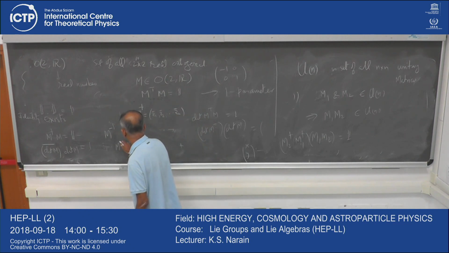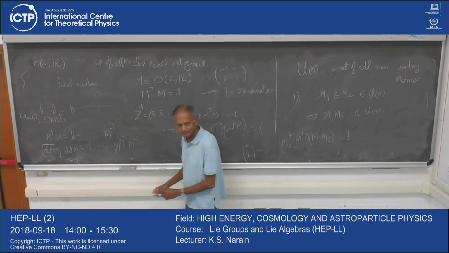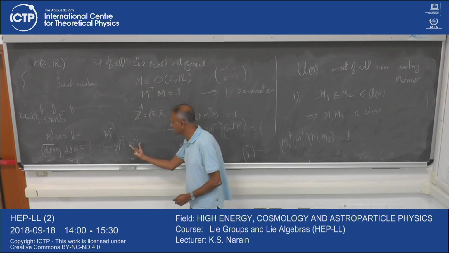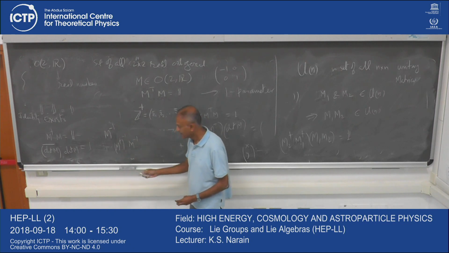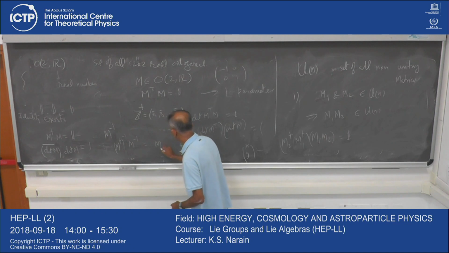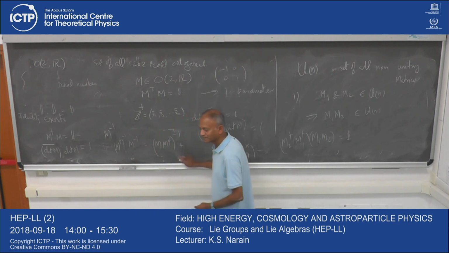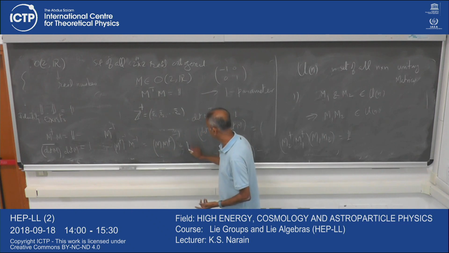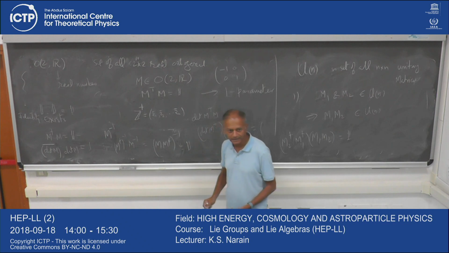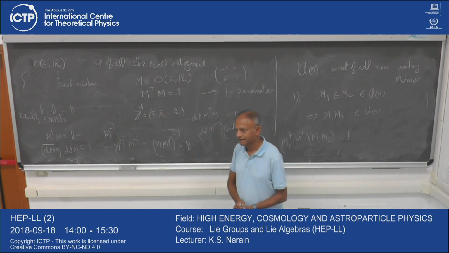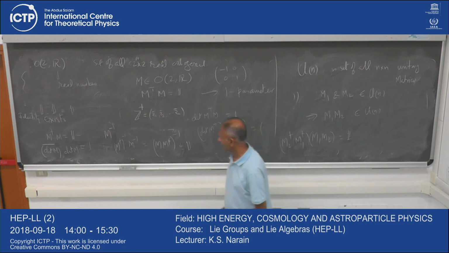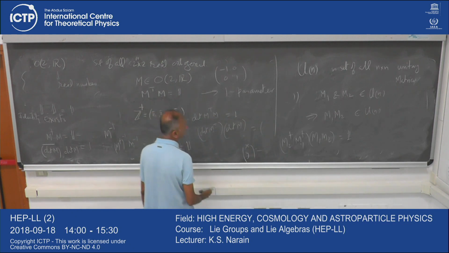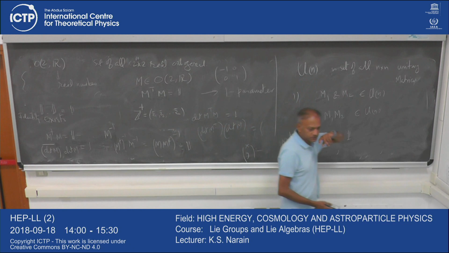The dagger of M inverse is the same as the inverse of M dagger, but M dagger is the inverse of M, so this is equal to M, the identity. So that tells you that M inverse is unitary. So this forms a group, U(N) forms a group.